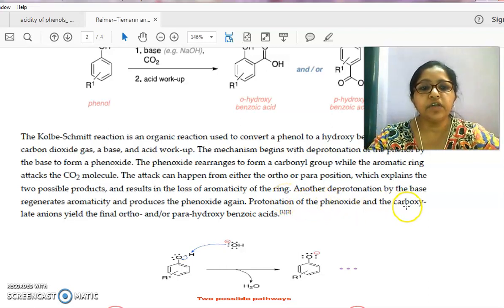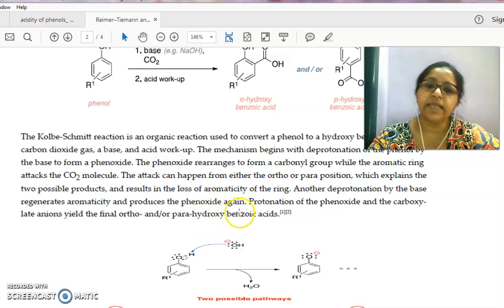Another deprotonation by the base regenerates aromaticity and produces the phenoxide again. The deprotonation of the phenoxide and that carboxylate ion yields the final ortho and or para hydroxy benzoic acid.